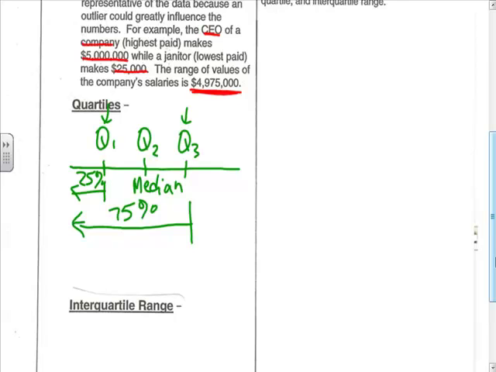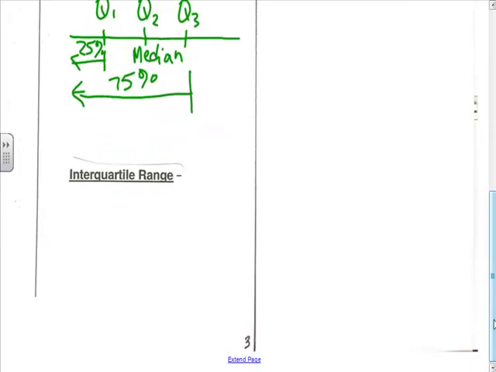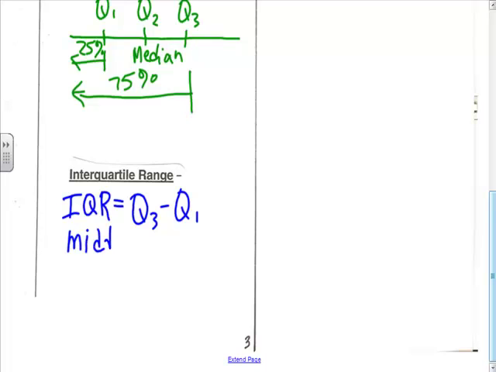Which leads us to, instead of the range, something called the interquartile range. And the interquartile range is also often called the IQR. Basically what the IQR is, we take the quartile 3 value and we subtract the quartile 1 value. So it's really talking about the middle 50% of the data.